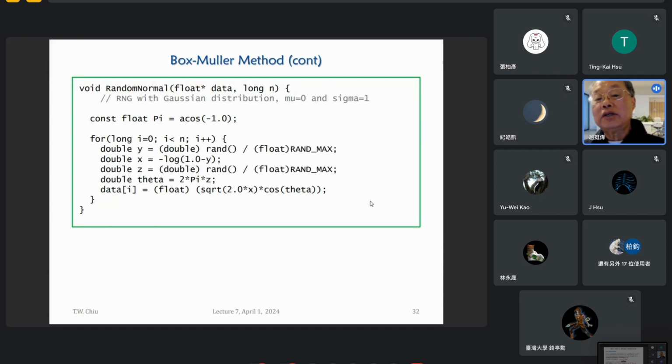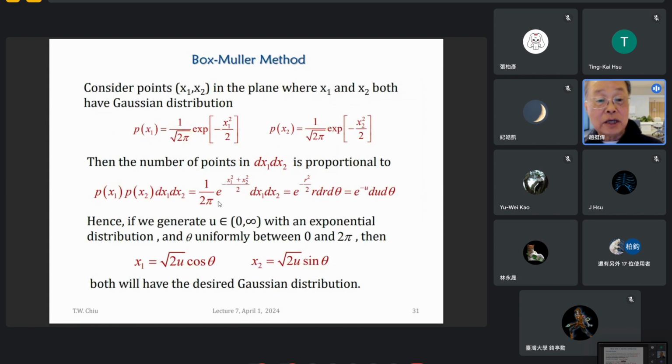But usually we don't need two sets of Gaussian random numbers. We only need one set, so I only use one of the formulas to get one set of Gaussian distributed random numbers. Since you have the u and theta generated, you get x1 and x2, and all the x1 will obey the Gaussian distribution, and all the x2 will obey the Gaussian distribution.